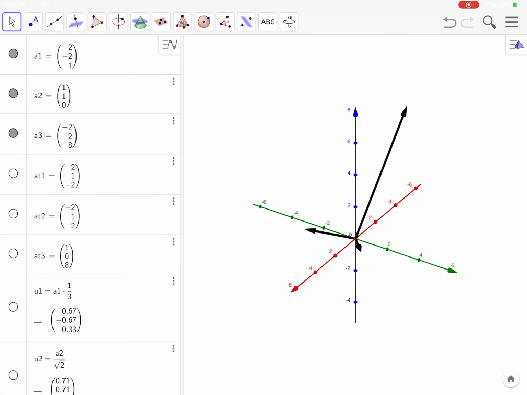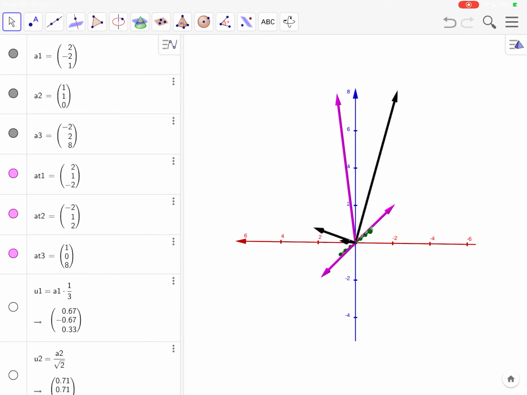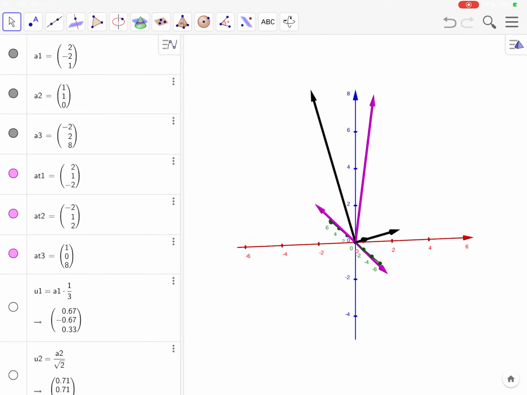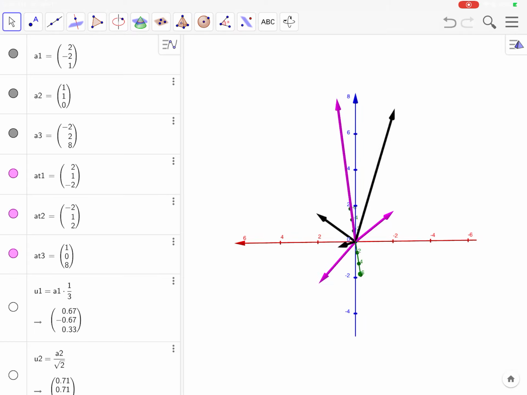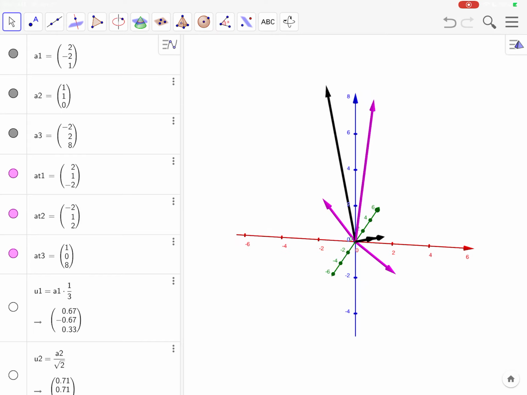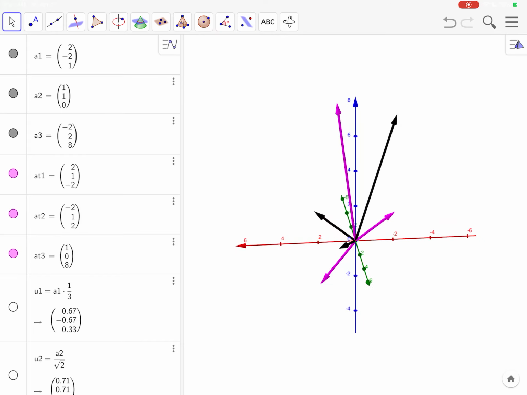But if we take the transpose and look at the rows rather than the columns, the pink vectors are the rows that correspond to that matrix. And you can see that the pink vectors are not orthogonal. They're not all perpendicular to each other.